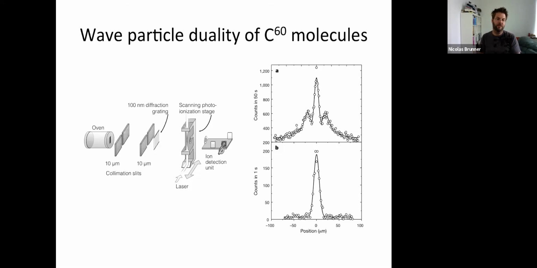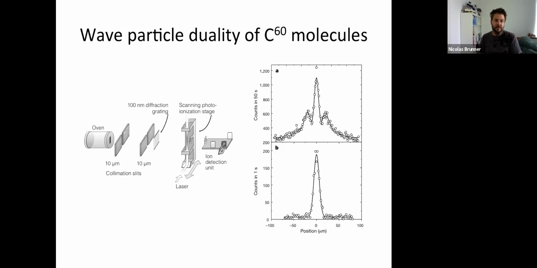But of course, the reason is that if you want to see this quantum effect, you should isolate your system from the environment. If there is any information about the path, so-called which-path information, that leaks out to the environment, this will destroy the interference, right?